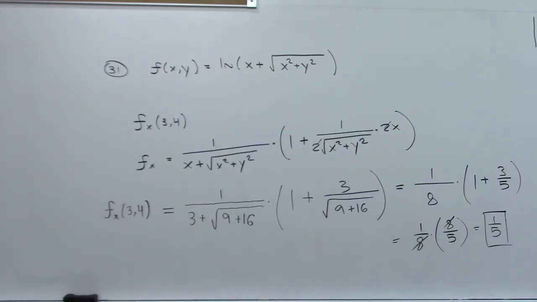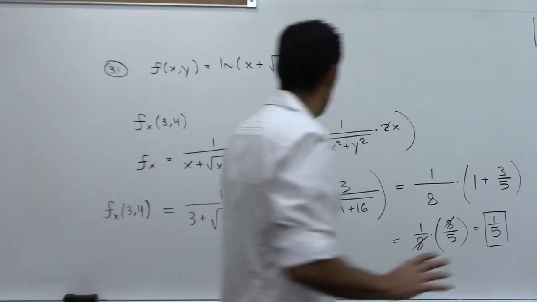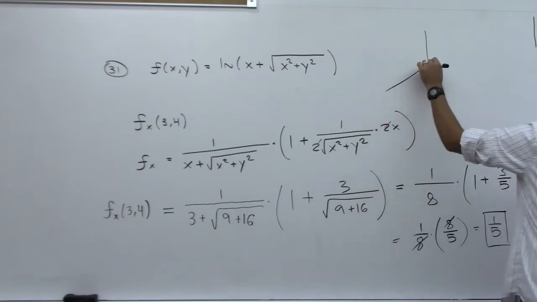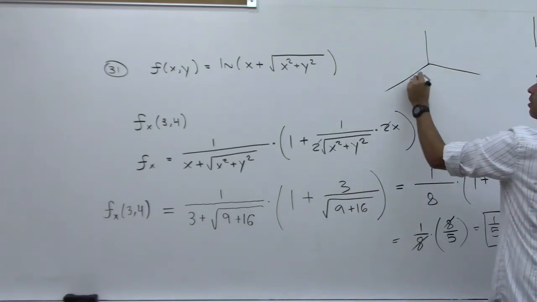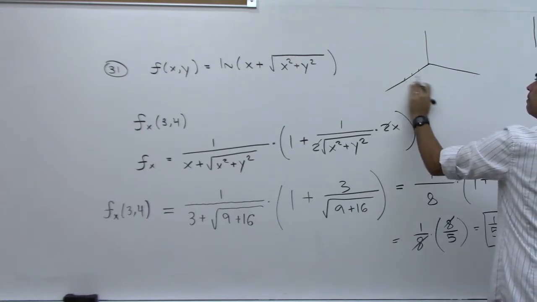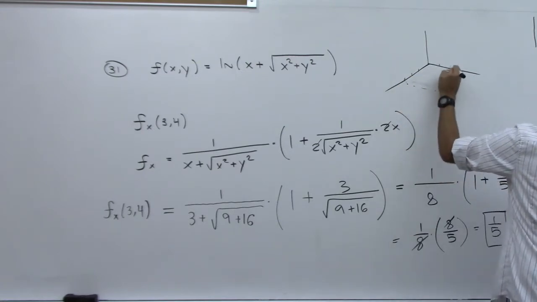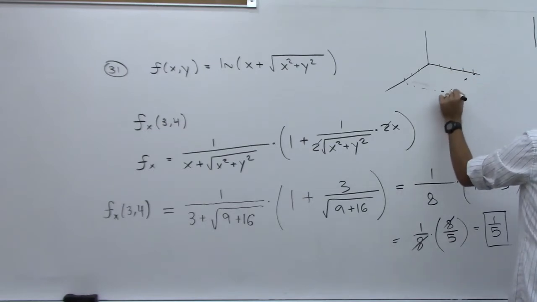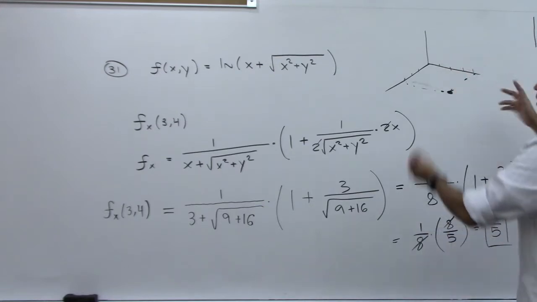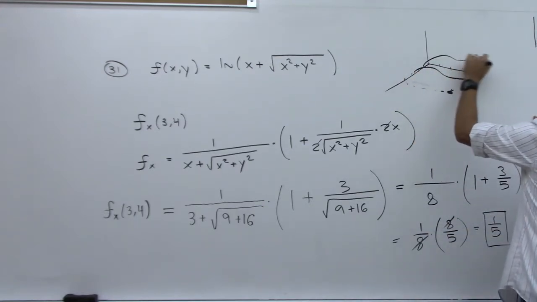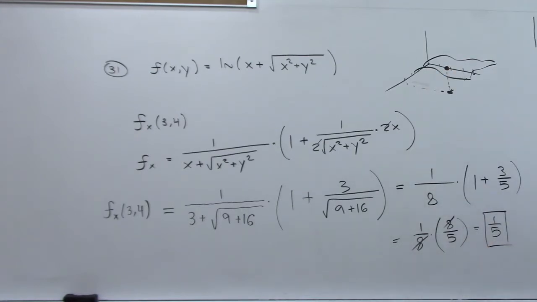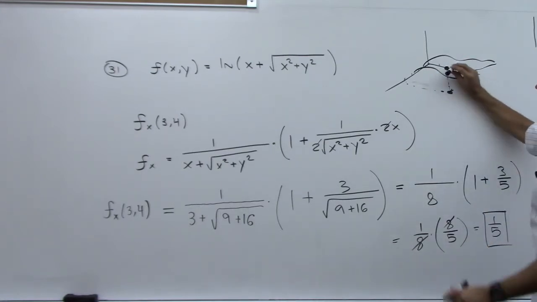Now, what this represents, just to make sure we're clear: if we were to graph this, we look on the domain at 1, 2, 3, and 1, 2, 3, 4, there's our point. We're plugging it into the function, and the function is some surface sitting up here. We go up and find the point on the surface.